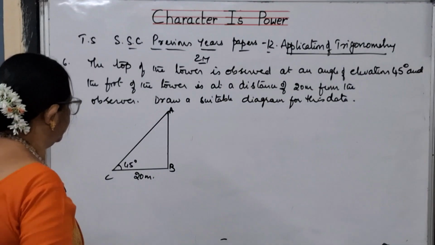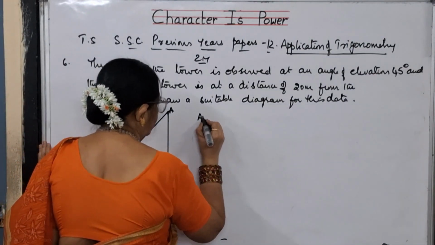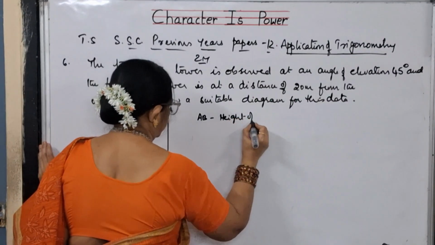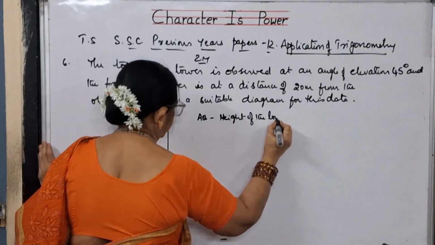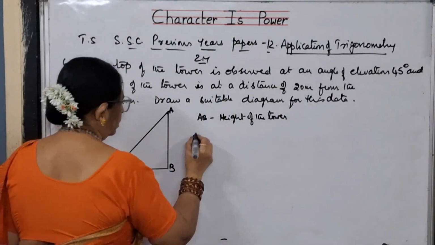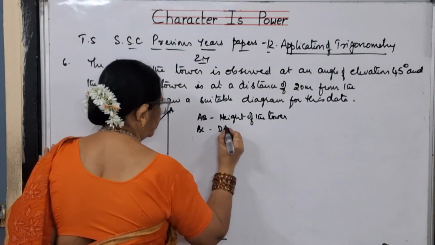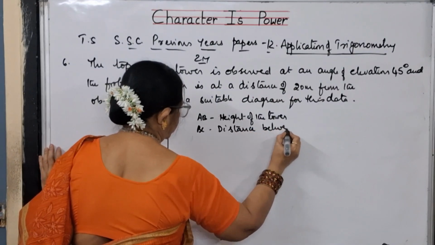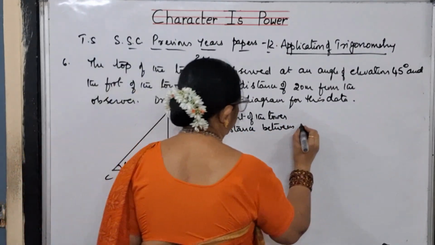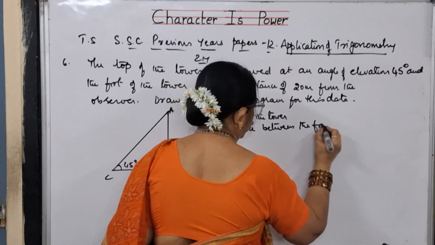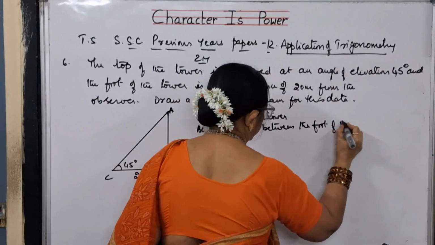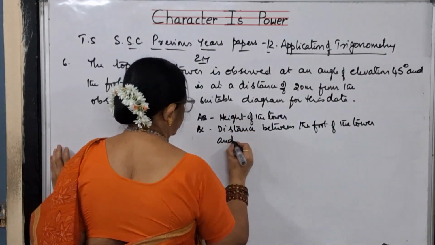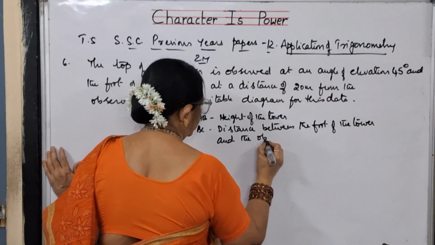You need to draw a diagram. So what is AB? AB is the height of the tower and BC is the distance between the foot of the tower and the observer.